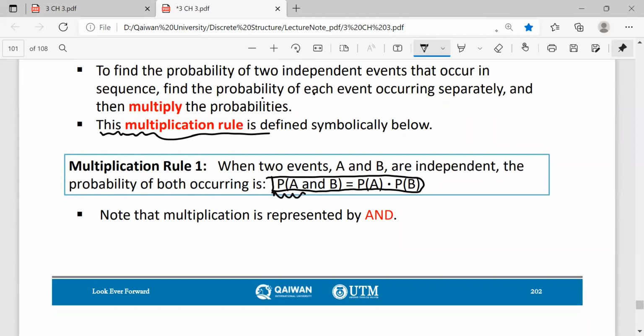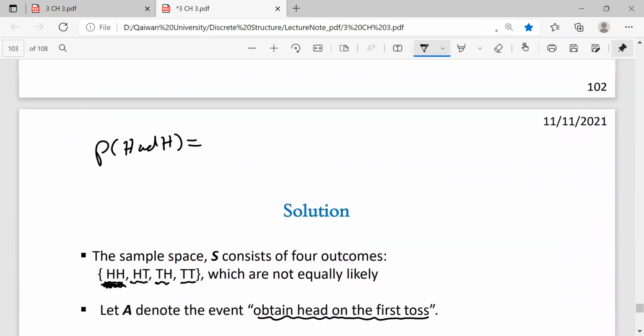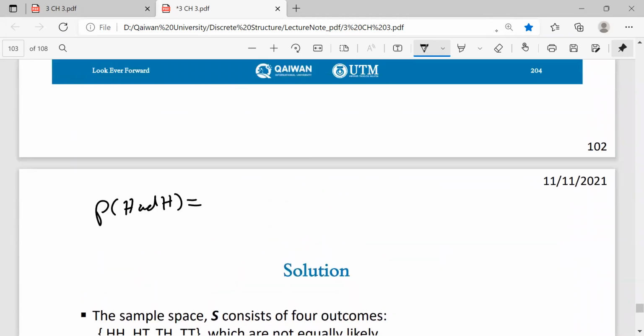It says if A and B are 2 independent events, then the probability of A and B equals the probability of A times the probability of B. Here we have the probability of H and H, which is head and head.